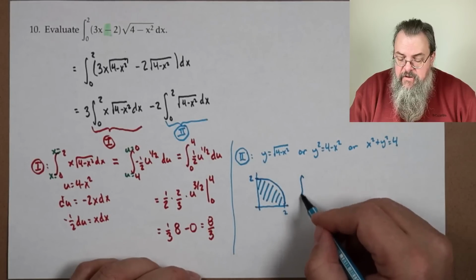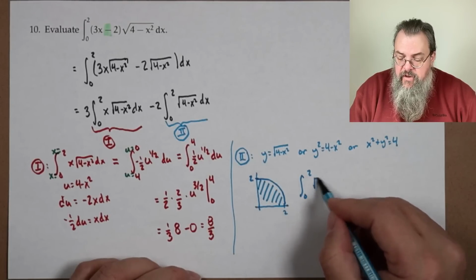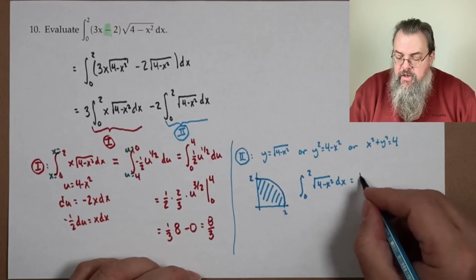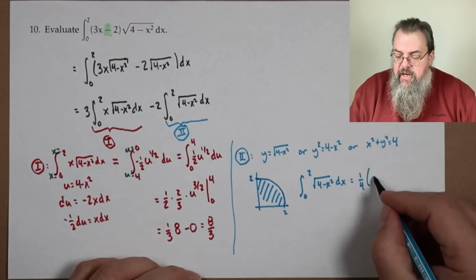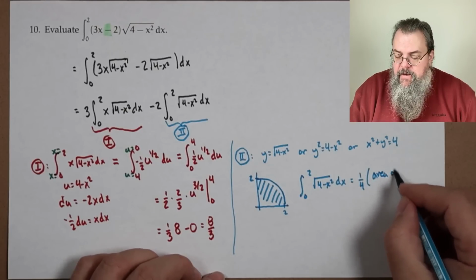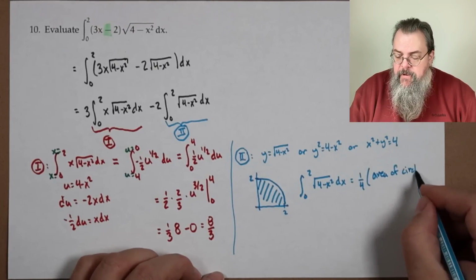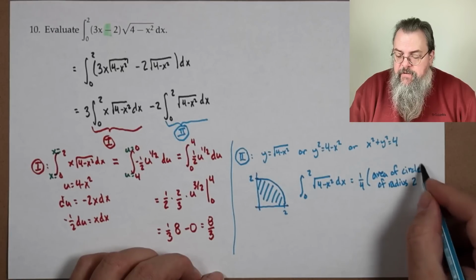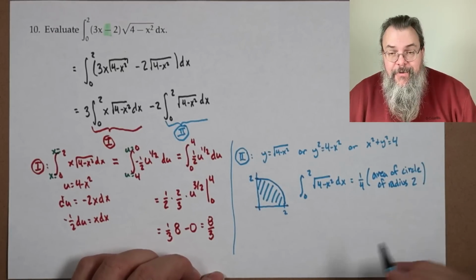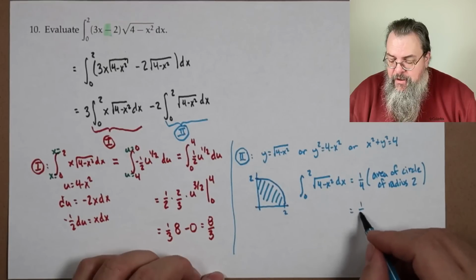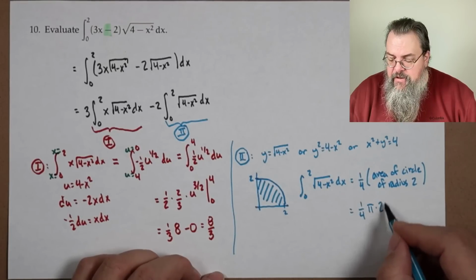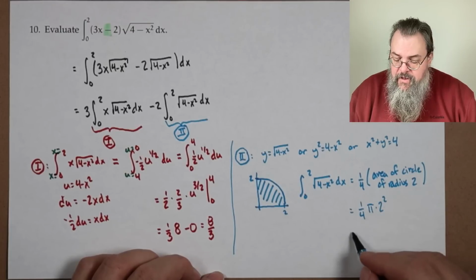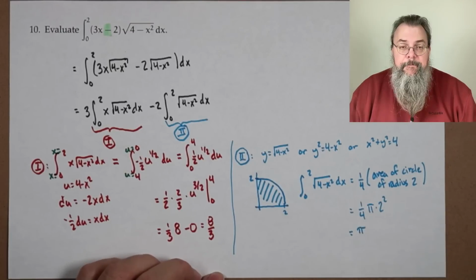So we can say the integral from 0 to 2 of the square root of 4 minus x squared dx equals 1/4 the area of a circle of radius 2. The good news is we know how to find the area of a circle of radius 2. You take pi r squared, which is, well, 2 squared is 4, so we end up with pi.